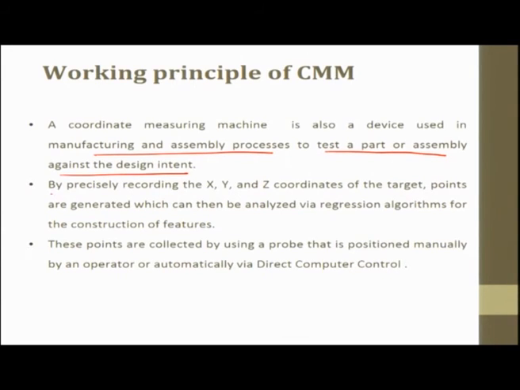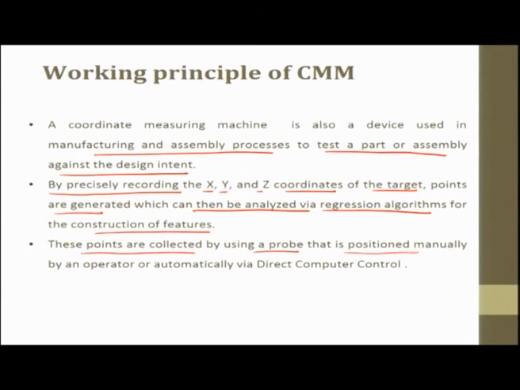By precisely recording the X, Y and Z coordinates of the target, points are generated which can then be analyzed via regression algorithms, because we can have mathematical relations and equations. Via these regression algorithms, the points can be analyzed for construction of the features that we finally need in our product. These points are collected using a probe that is positioned manually by an operator or automatically by direct computer control.